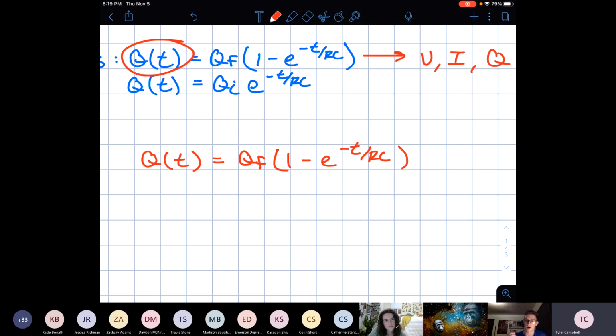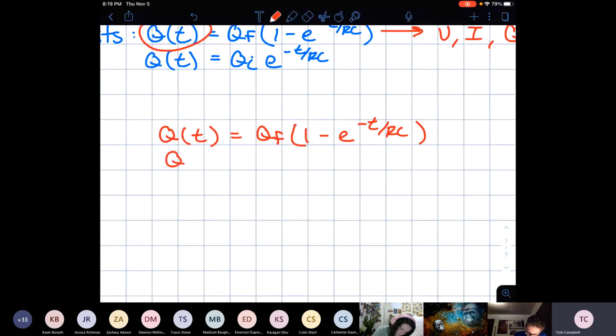I know that an uncharged capacitor acts like a wire, and a charged capacitor acts like a break in the circuit. So by plugging in t equals 0, I can find the state my capacitor is in and use whichever equation corresponds to that. Q of 0 in this equation gives me QF times 1 minus e to the 0 power.